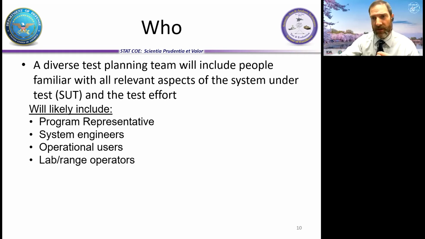The lab and the range operators. Before we even start test planning, let's have somebody there that's going to be on the range or in the lab that understands what they could test, how long it's going to take, when they can't test, other things such as when is the lab going to be down for maintenance, when is the range going to be closed, when is it already booked. All these things go into test planning.